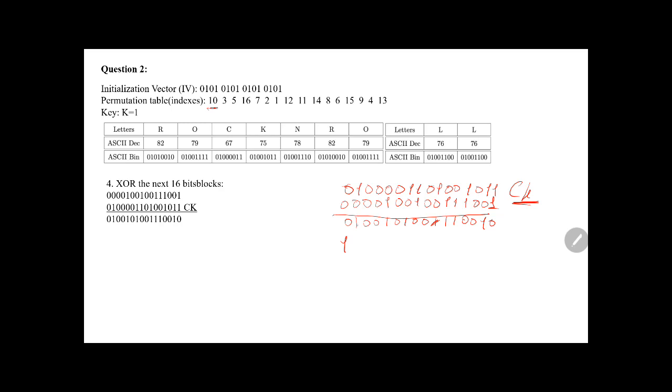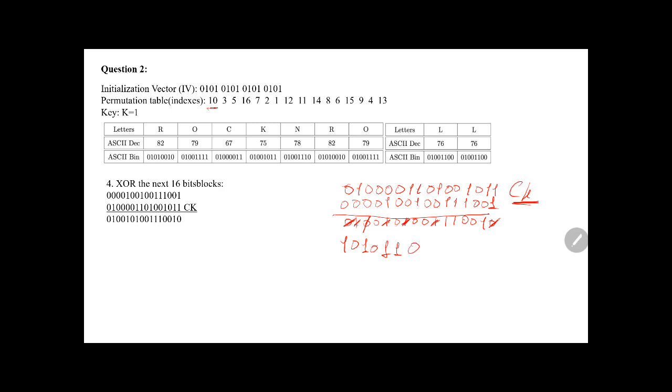And then 3, so this one will be here. And then 5, it will be this one, it will be here. And then 16, this one, it will be here. And then 7, this one, it will be here. And then 2, this one, it will be here. And then 1, this one, it will be here.